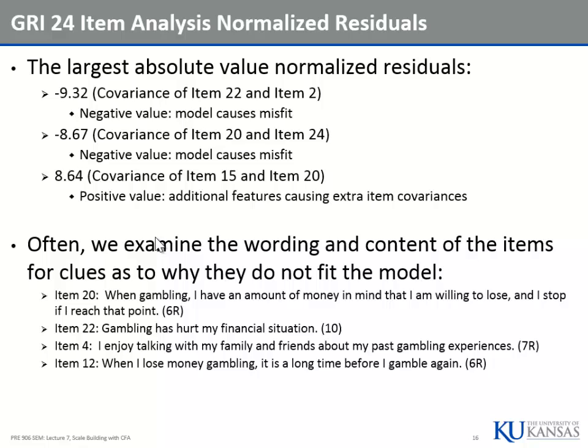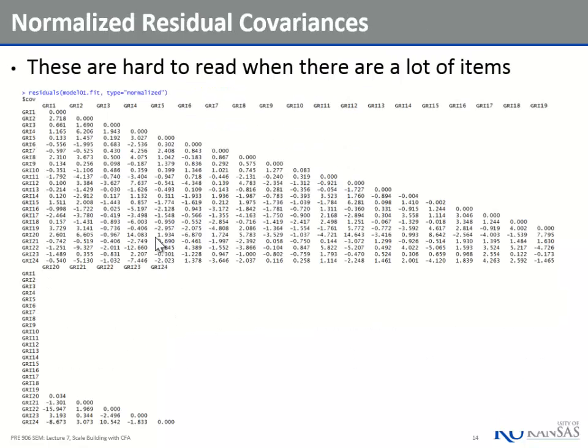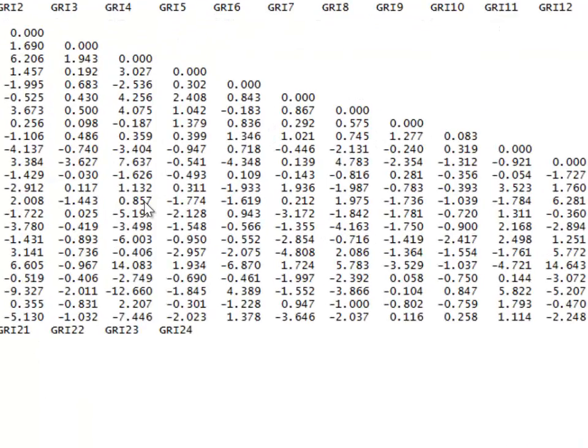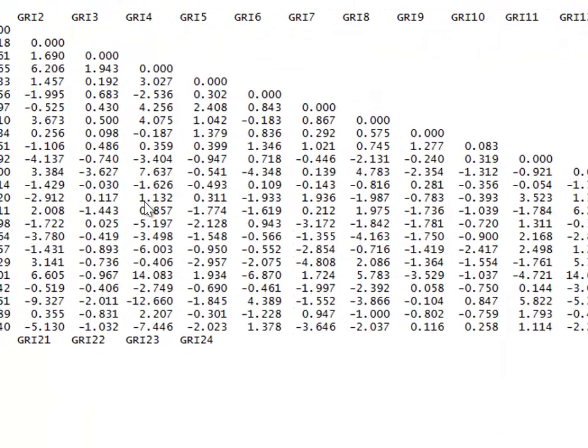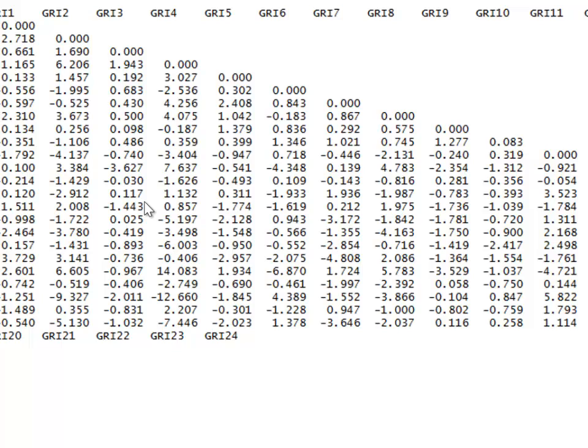Something we call a methods factor, where we actually build a factor for reverse coding, and we have it load onto items that are reverse coded. And that factor essentially soaks up these differences that you see in this residual covariance matrix here. It helps with it.